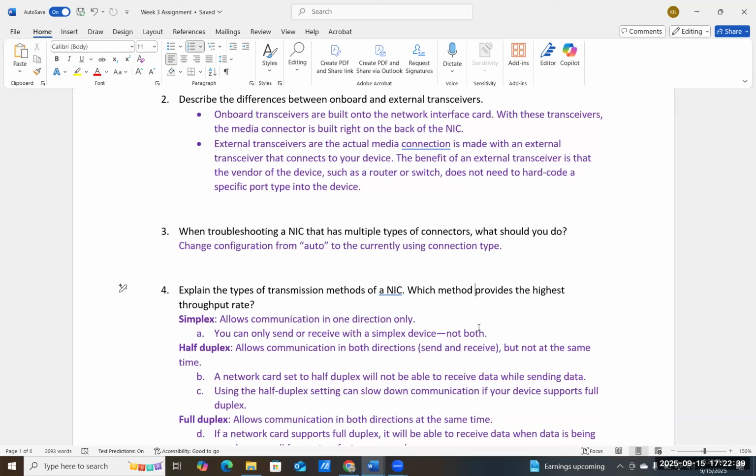It's able to send and receive, but it can only send or receive at a time. So if I'm setting my switch to half duplex, it can only either send to communicate with other switches, or it can only receive data from the other switches. So if you set it to half duplex, it's capable of doing either or. Send or receive at a time.